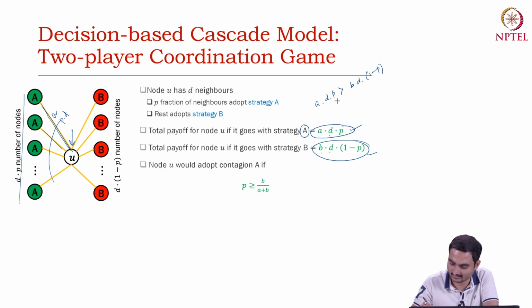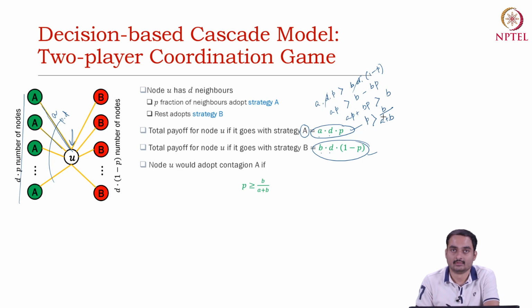So, if you calculate, we are not considering the equals-to condition, this is a borderline. So P, which is the fraction of neighbors who have adopted strategy A, would be greater than b by a plus b, which is also quite obvious.